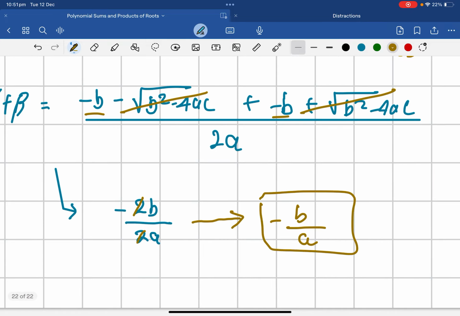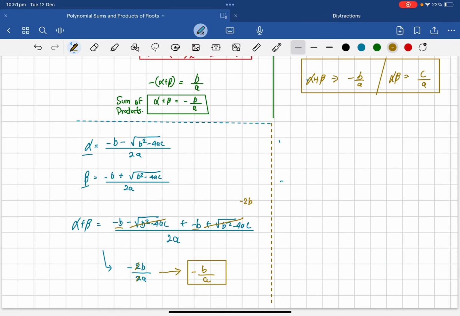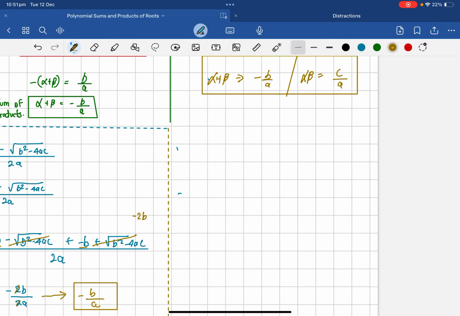This is a more concrete proof and definition of how alpha plus beta is really equal to minus b on a. Okay, got it?